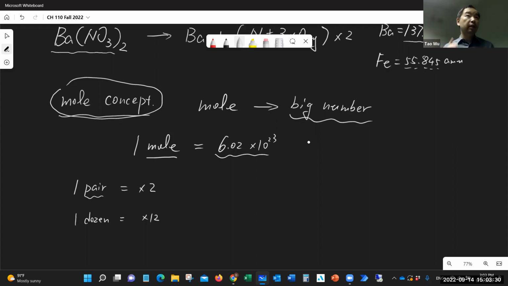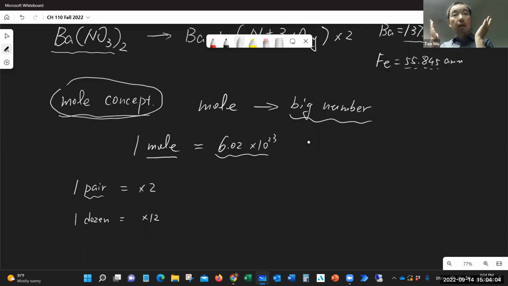Then let's think about it. If we have 1 mole of lollipop, how heavy could it be? You don't have to give me a number, it's hard to have a number, but you can think about it. Is it the mass of a whale, a tank, a cruiser, a mountain, a planet, a moon or something?